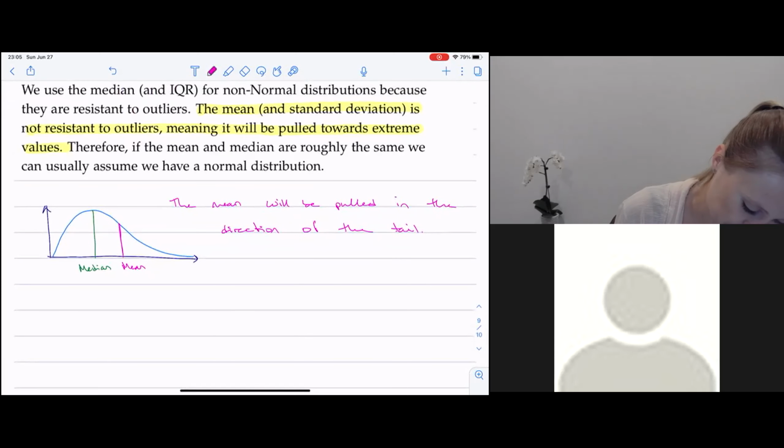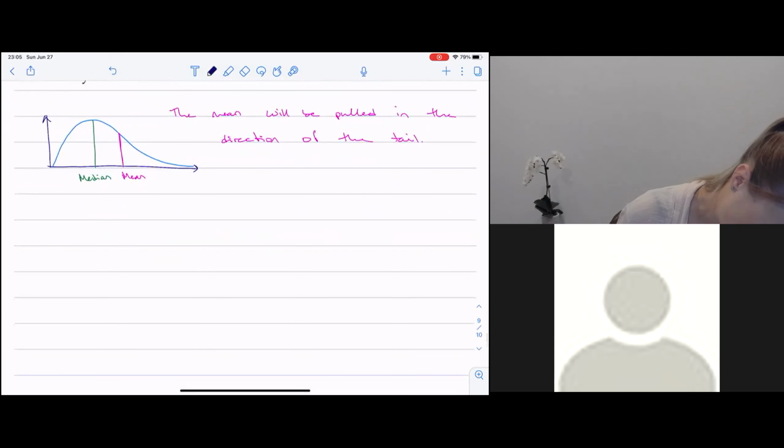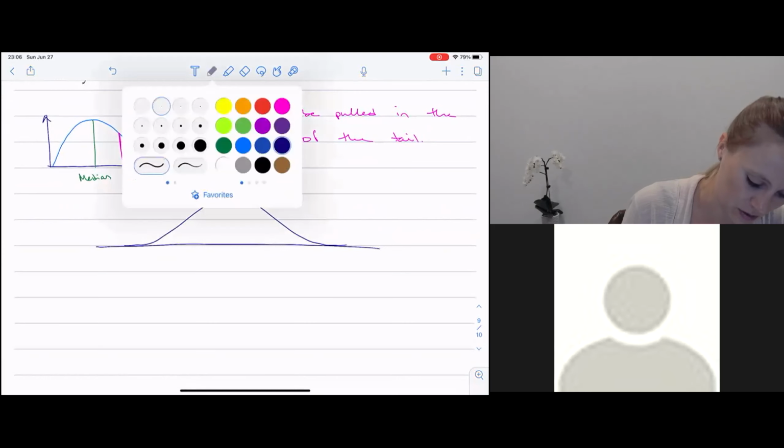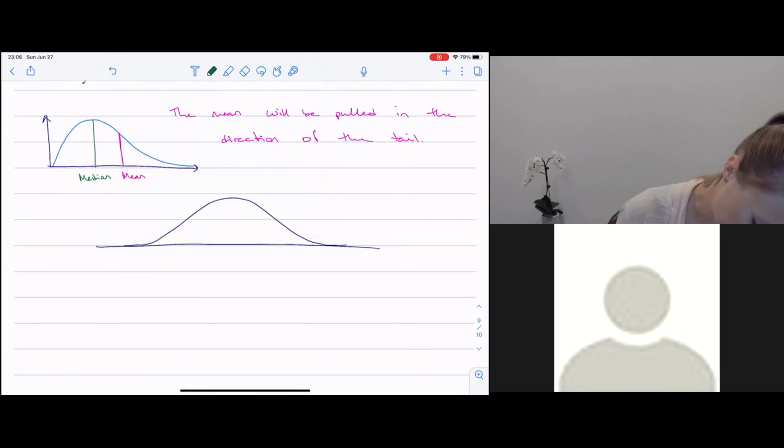So if we think about a normal distribution, the median would be here, and it would be kind of equal to the mean.